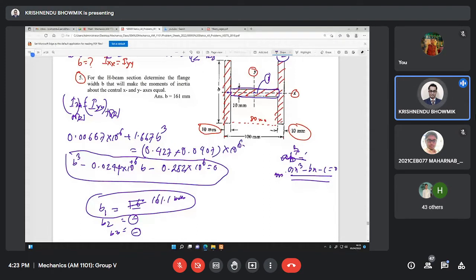So many times when we give this type of problems, we adjust the values of 100 mm and 10 mm such that b will be a very fine number, so you can easily calculate the value of b. Got my point? Okay, sir. Yeah, that will be an easier way. Otherwise, within 15 or 20 minutes, you will not be able to solve this. You will be in a loop.